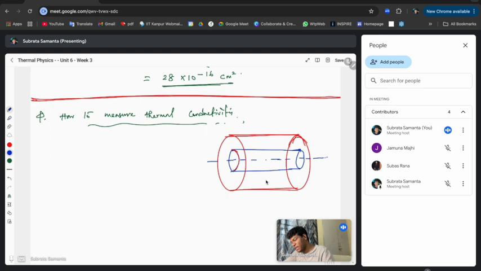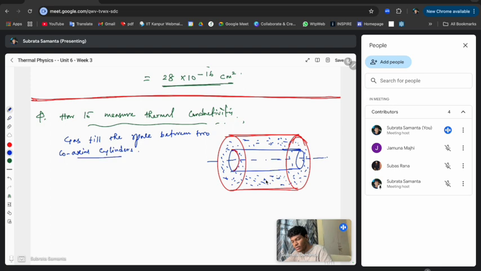The gas fills the space between the two coaxial cylinders. Okay, I'm just coming back in 1 minute.